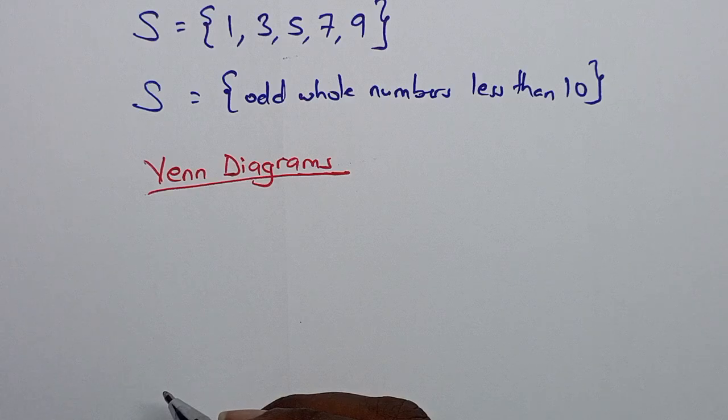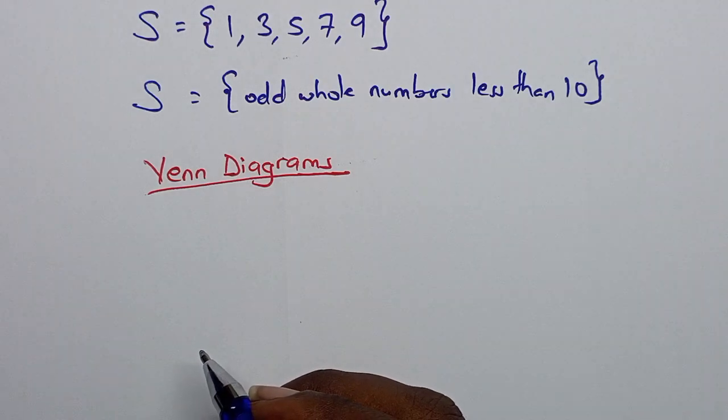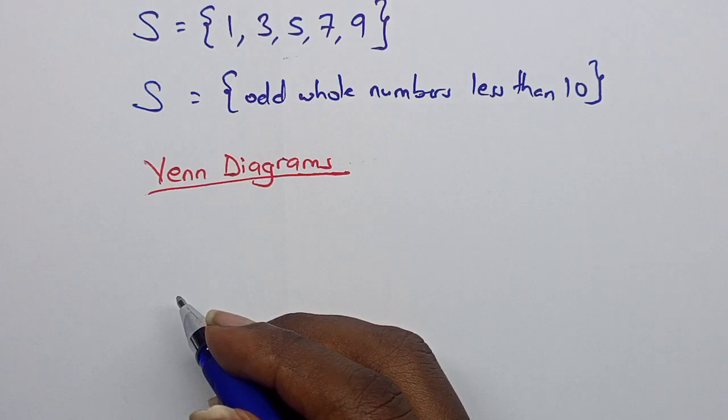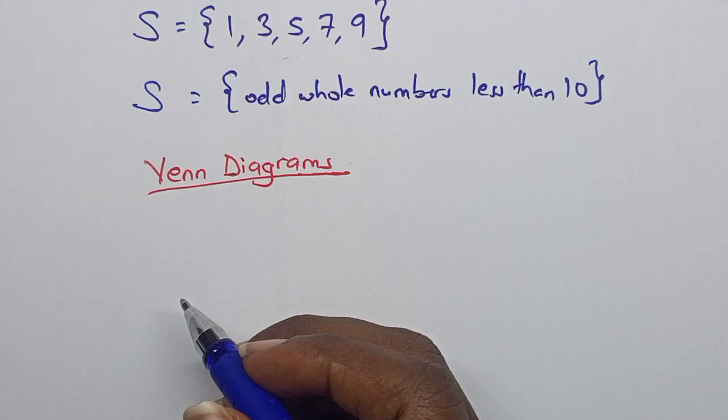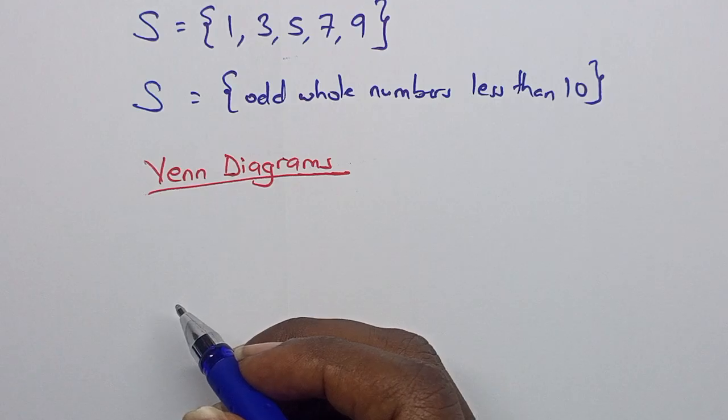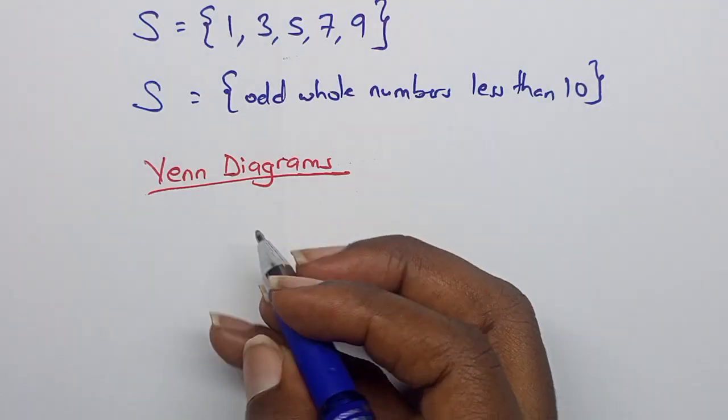This larger set is called the universal set. This universal set is usually given a symbol E. Now, in Venn diagrams, the universal set is mostly symbolized with a large rectangle, and then the other sets are represented by circles within the rectangle.